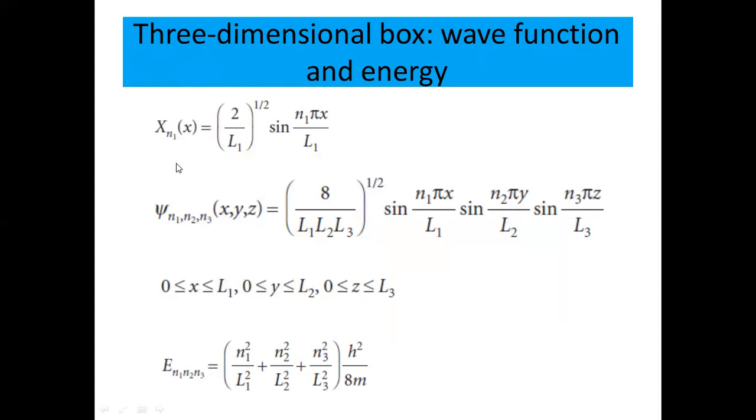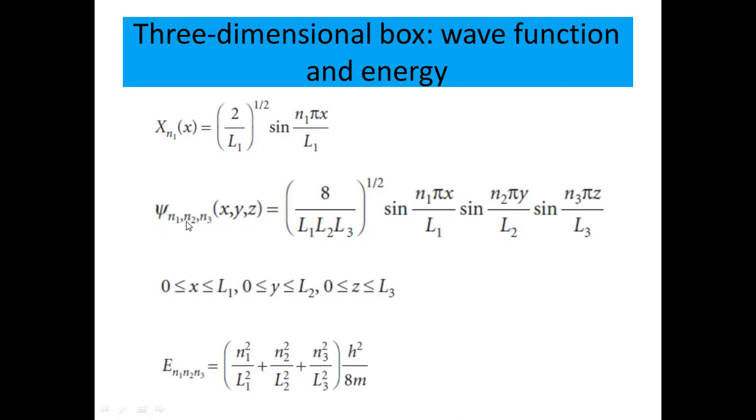We have discussed the solution of the Schrodinger wave equation along the x-axis. It was equal to this, and by using the wave function, the total wave function of a particle along the x, y, and z-axis with the quantum numbers n1, n2, and n3. These are the nth energy levels, and 1 is indicating the x-axis, 2 the y-axis, and 3 the z-axis.